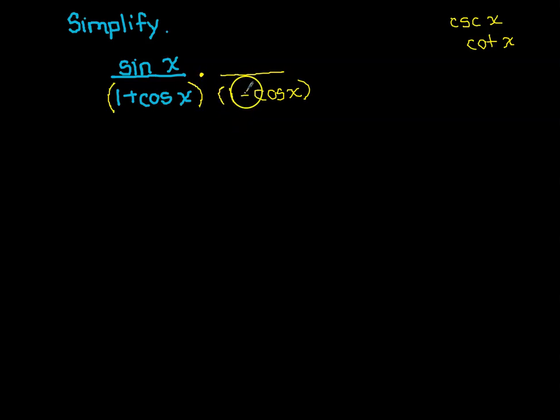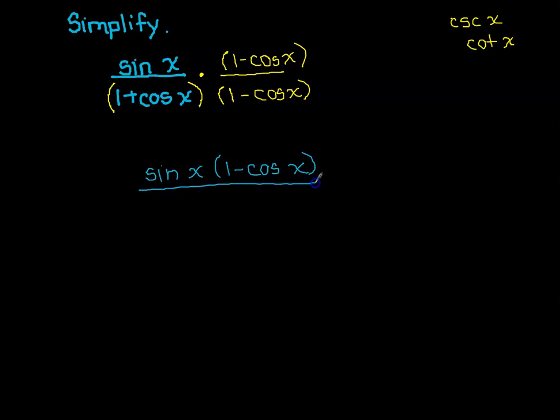And I can't just multiply 1 minus cosine to the denominator. I have to keep a fraction balance, so I'm going to do the same thing to the numerator. And we multiply fractions straight across. So for the numerator, I'm just going to bring down sine and then 1 minus cosine that it's being multiplied to. And I'm just going to work on the denominator for now.